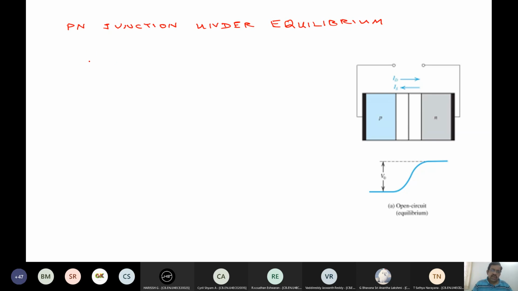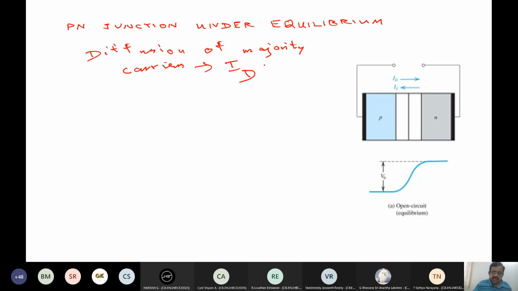As soon as the junction is formed, the first thing that happens is the diffusion of majority carriers, constituting a current known as ID.